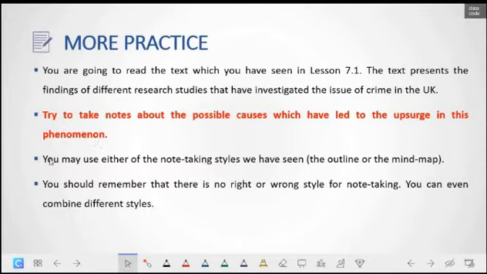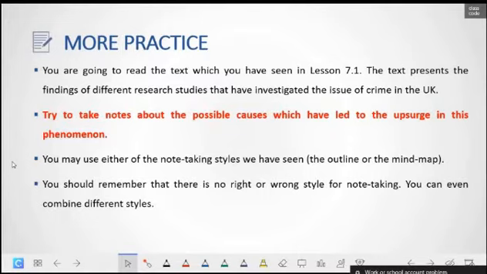All right. You may use either of the note-taking styles we have seen, the outline or the mind map. And you should remember that there is no right or wrong style for note-taking. You can even combine different styles.